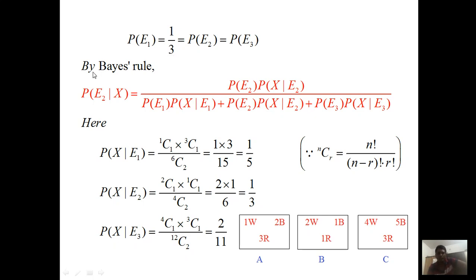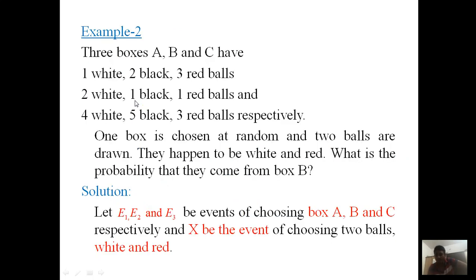Now next we have to apply the Bayes rule and find the probability of E2 given X. Once again see the question. One box is chosen randomly and 2 balls are drawn. Among them, one is white, one is red. The last statement is very important. We are interested in the probability that they come from box B. So see here carefully, the 2 balls are already selected, that is one white and one red.